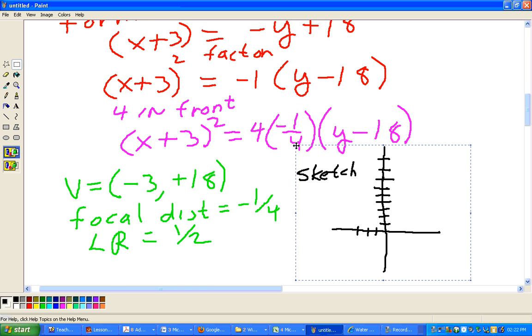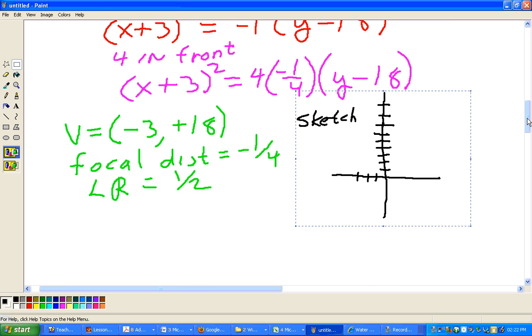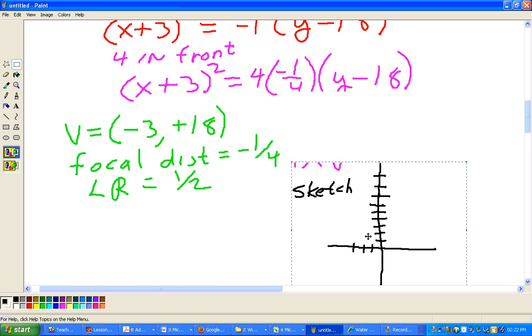Need more space. Let's make it bigger. 1, 2, 3, 4, 5, 6, 7, 8, 9, 10, 11, 12, 13, 14, 15, 16, 17, 18.